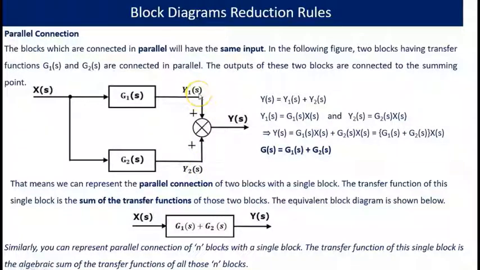Now what is Y1 of S? Actually G1 of S transfer function is equal to Y1 of S by X of S. So Y1 of S is equal to G1 of S into X of S. Similarly, Y2 of S is equal to G2 of S into X of S. So Y of S is equal to, instead of Y1, write G1 of S X of S, plus instead of Y2, write G2 of S X of S. Now take X of S outside.